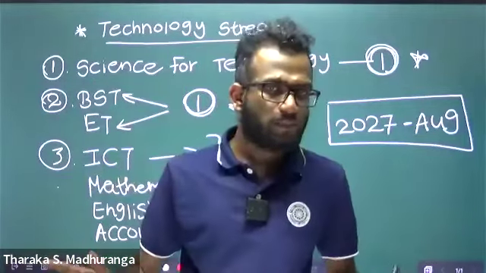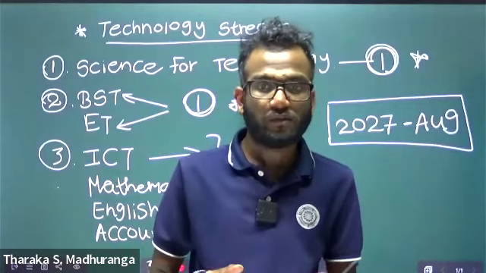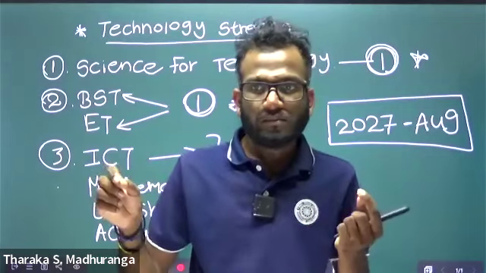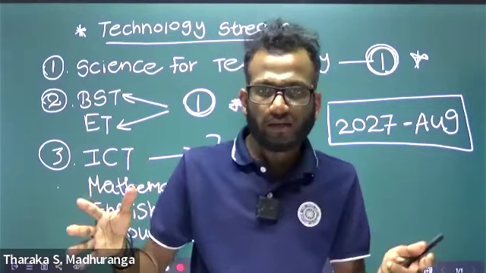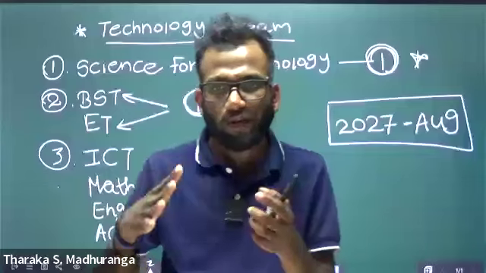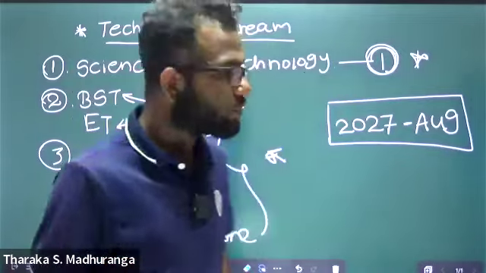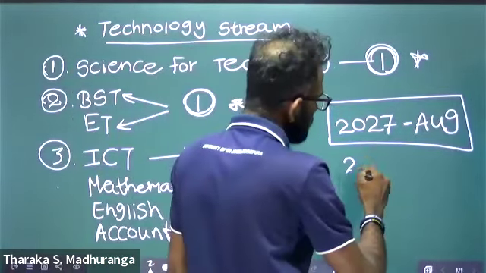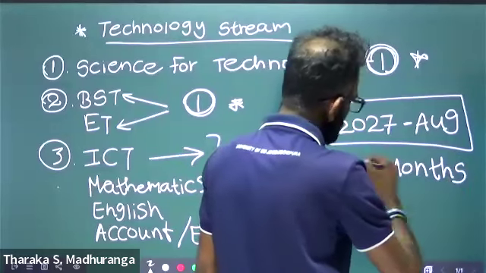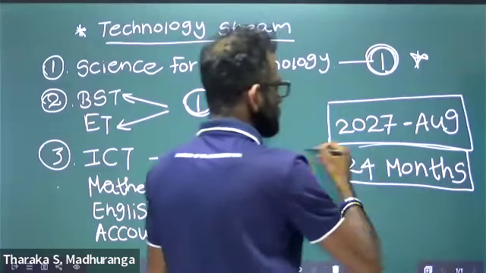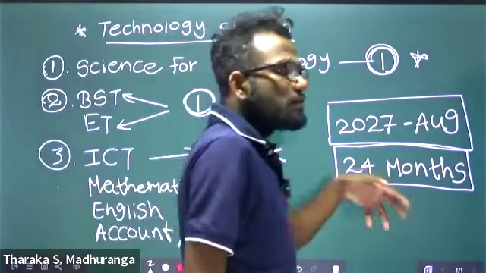If you select any stream, commerce, art, even art, biology, or maths, the content is bulk, and you have a very limited time period. You have only 24 months, two years, from today to work for this exam. That's the main difference.